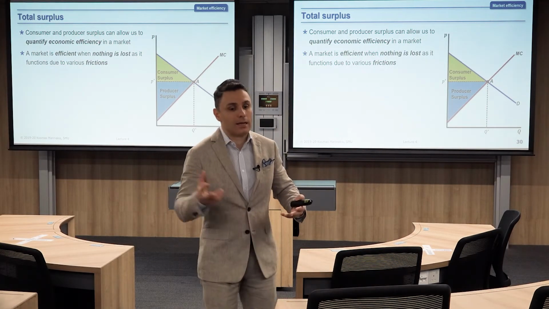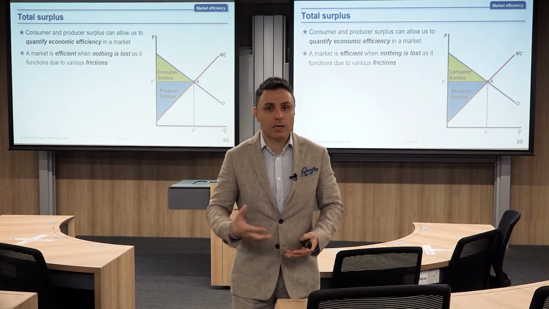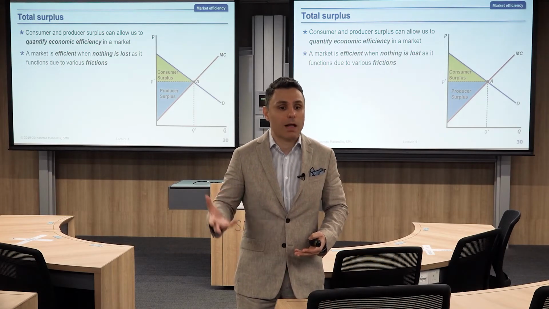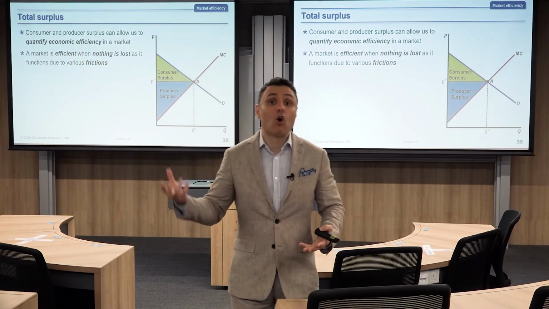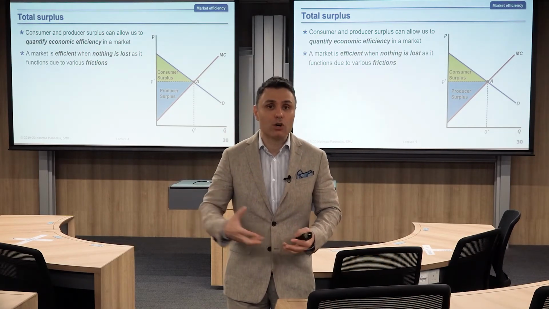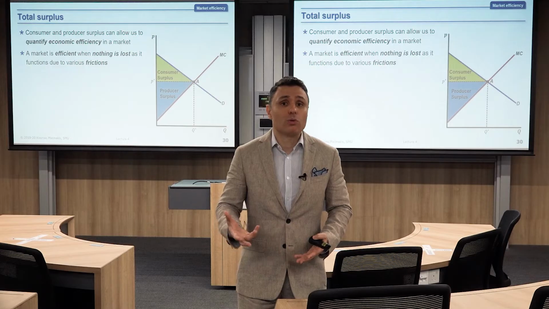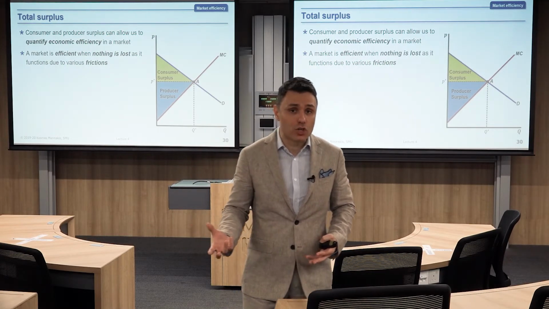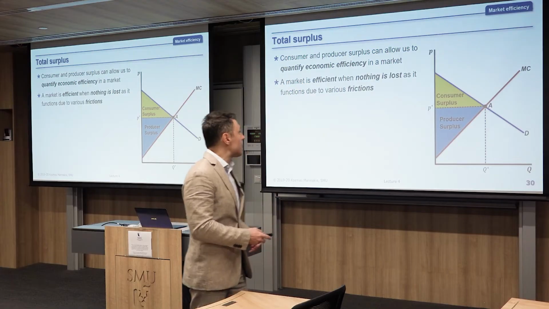An incandescent light bulb is less efficient than an LED light bulb because the incandescent bulb converts some of the electricity not to light energy but also to thermal energy, because it gives off a lot of heat as well, which is undesirable. So we say that the LED light bulb is more efficient. Exactly the same happens with the market. We want to see how much this market can give, and we want to see if something is lost or if everything is given to somebody here.